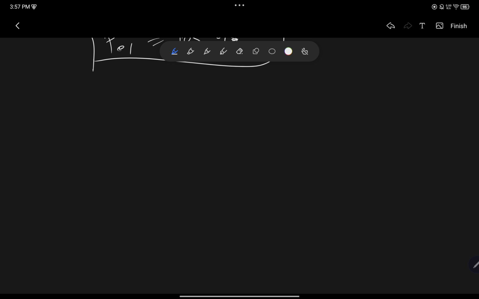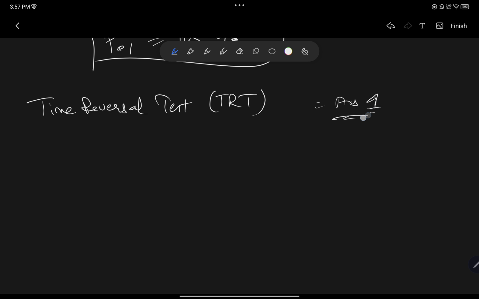Now we need to check the time reversal test, TRT. If you get the answer as 1 at the end, it means you have proved the time reversal test. So what is the formula for TRT?